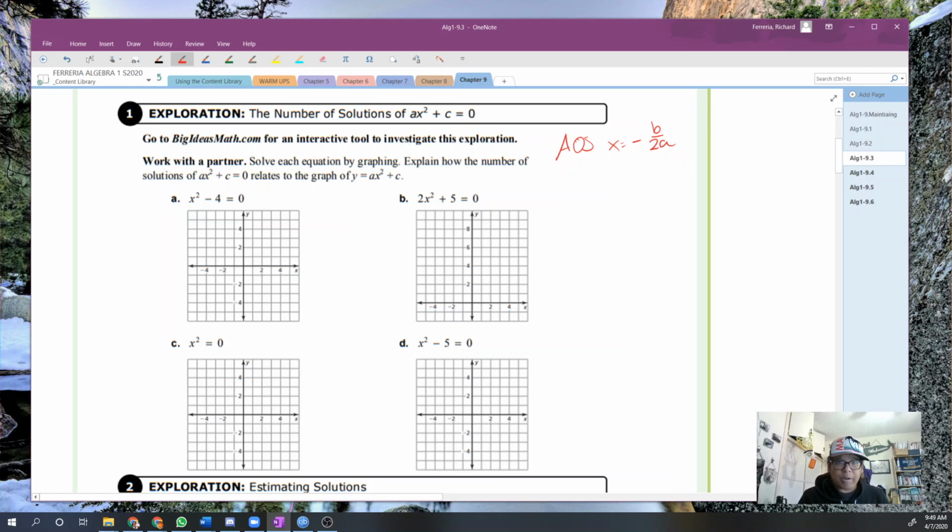Taking a look at letter A, a is 1, b is 0, and c equals negative 4. So my axis of symmetry is negative 0 over 2 times 1. Negative 0 divided by 2 is 0. So I'm going to draw an axis of symmetry at x equals 0.